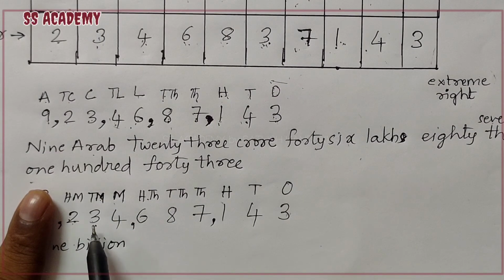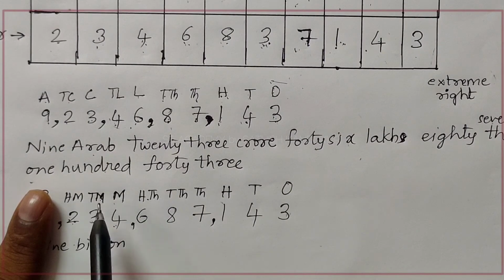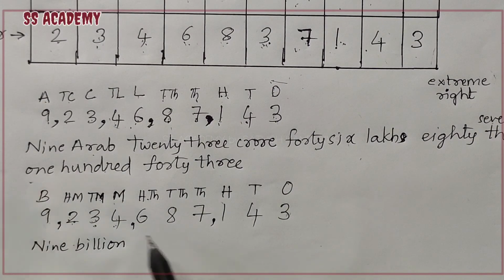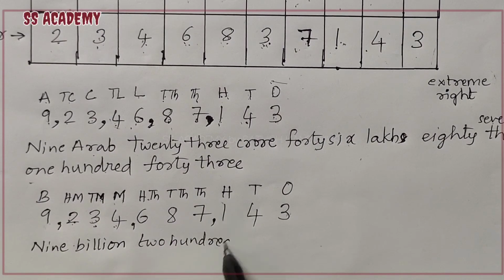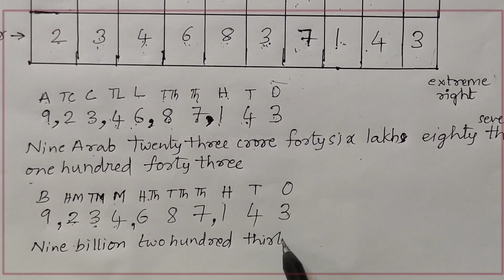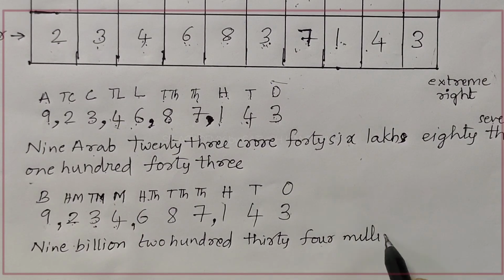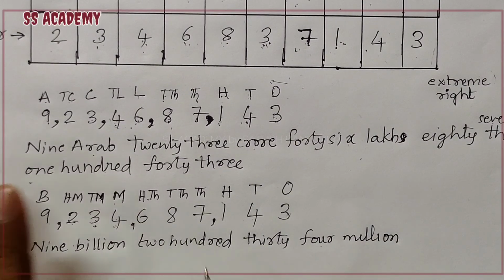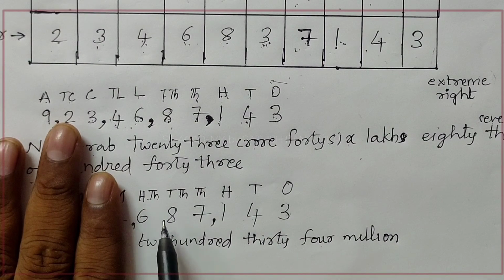So 234 is under millions category. You need to write it as 234 million. So millions are done. After millions, we have 3 numbers, 6, 8, 7.